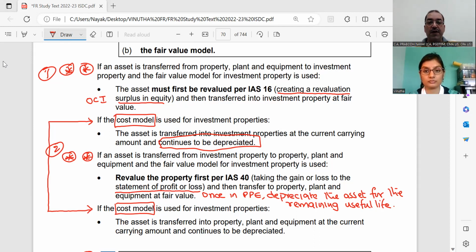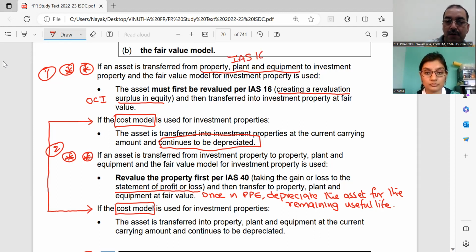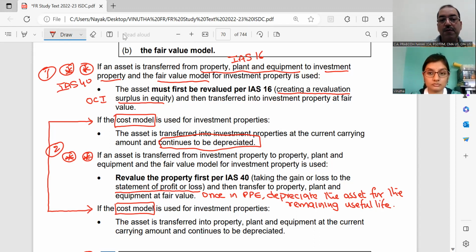So if an asset is transferred from property, plant, and equipment, that means IAS 16, to investment property, that is IAS 40, so we are converting from IAS 16 to IAS 40, and the fair value model is being used, then in that case the asset must first be revalued as per IAS 16, because originally it was IAS 16.